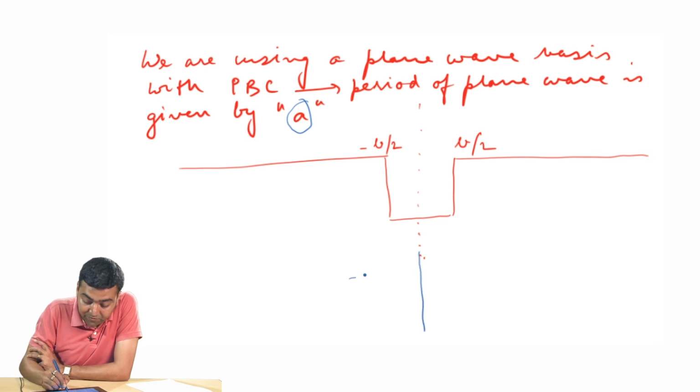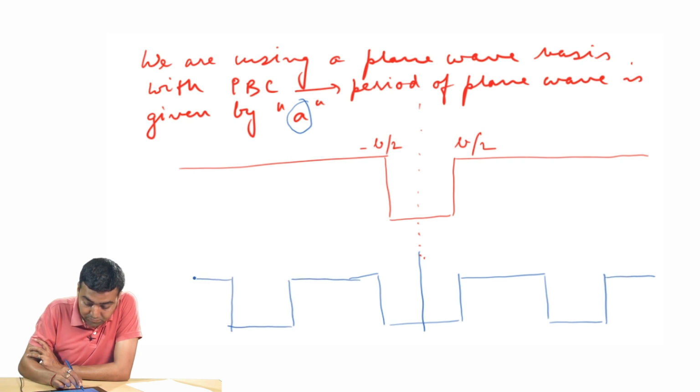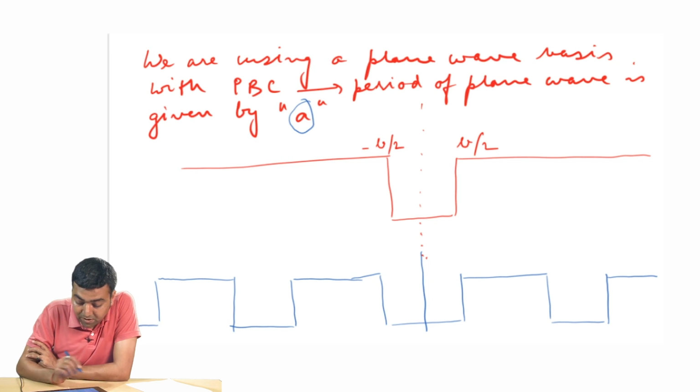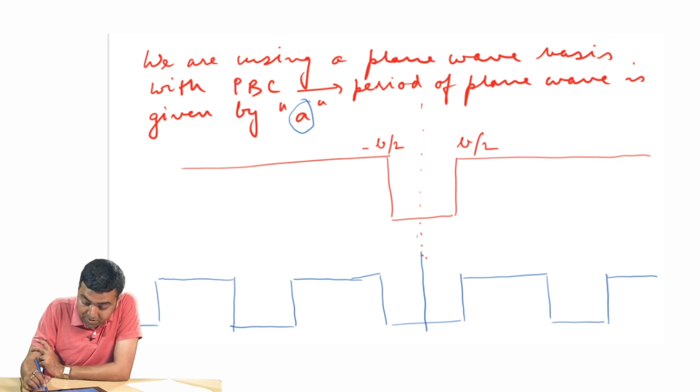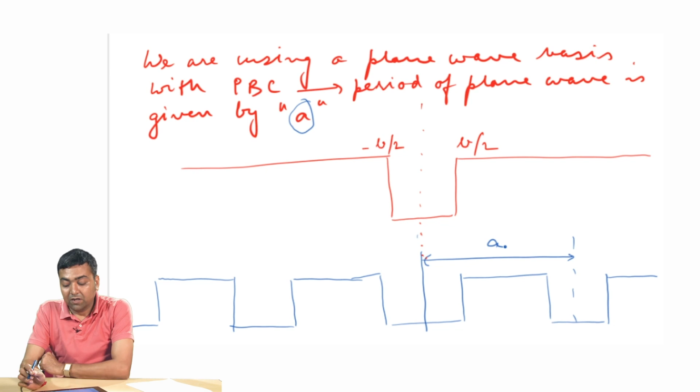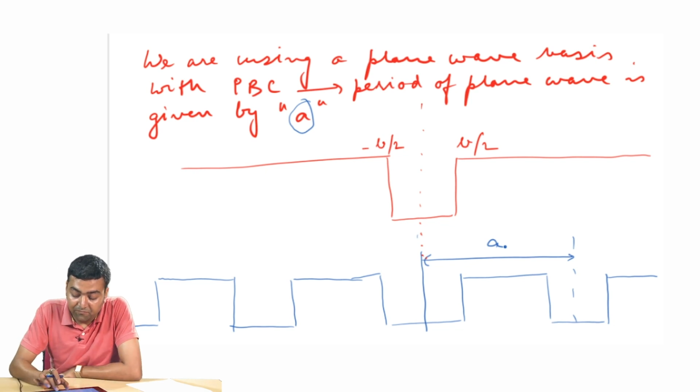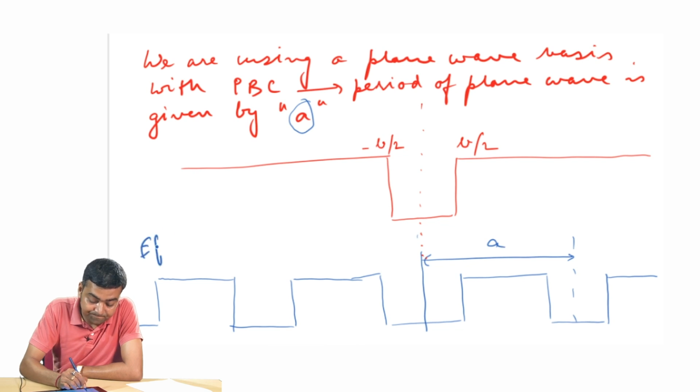What is happening now is I have something like this, and so on and so forth. This distance is my A. So, now I have a potential which is repeating. This is the effect of periodic boundary condition here.